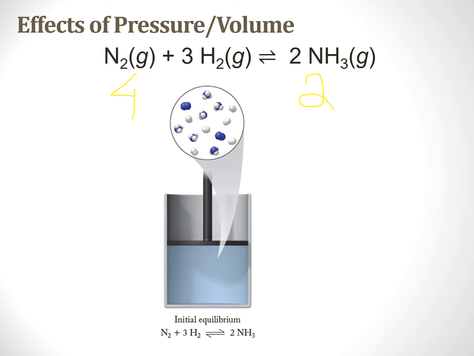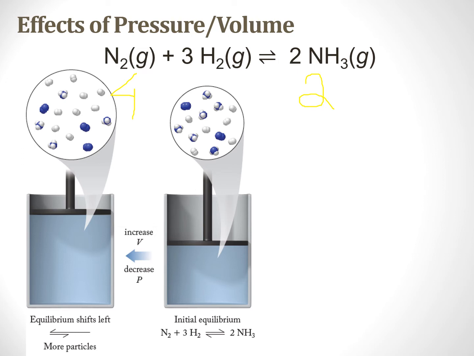Therefore, if I increase the pressure, the system will respond by shifting towards the products. The rate of the direct reaction will go up, and the rate of the reverse reaction will go down. That means I will make more ammonia. So if I'm in the business of making and selling ammonia, I want this reaction to happen at a high pressure so that I can increase the amount of product.